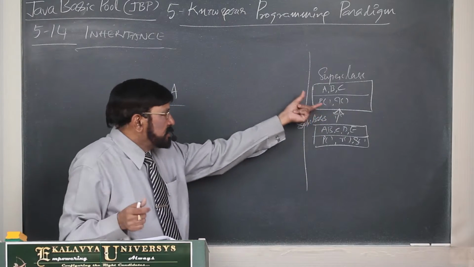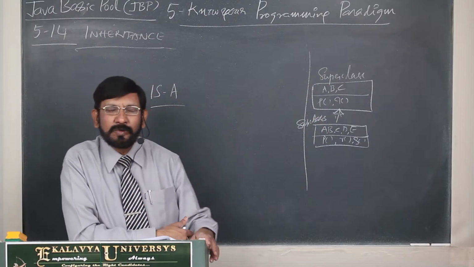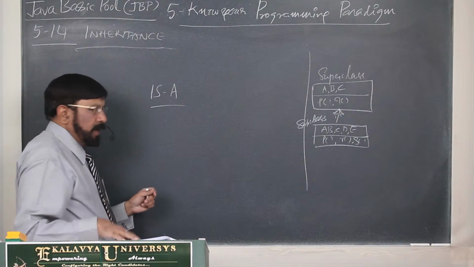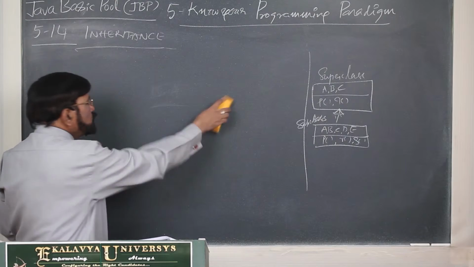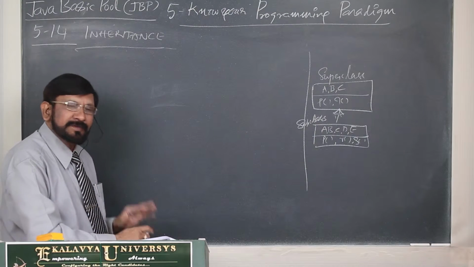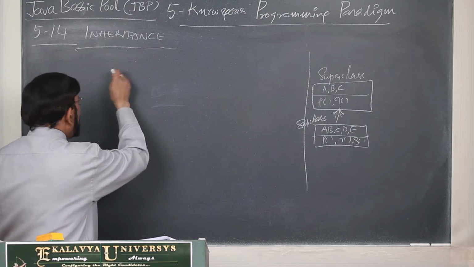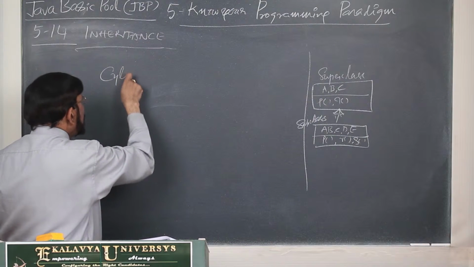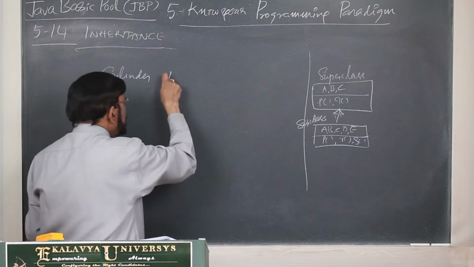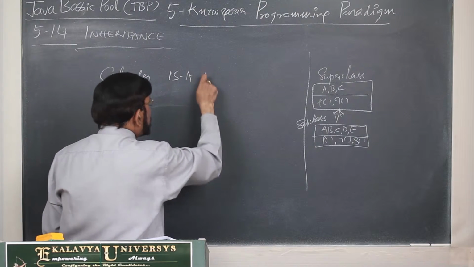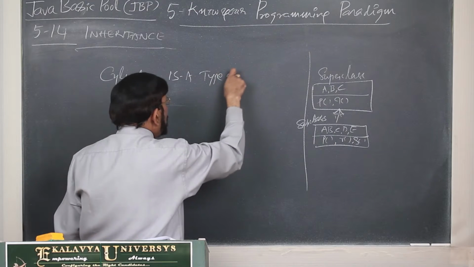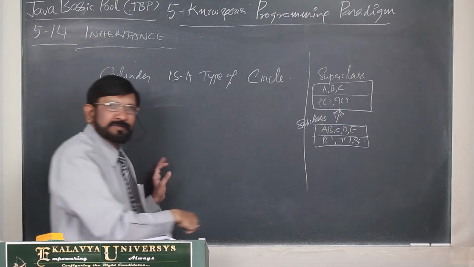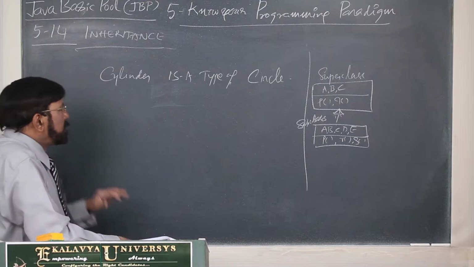Here I give you some examples, and through these examples you can very easily understand. A cylinder is a type of circle.